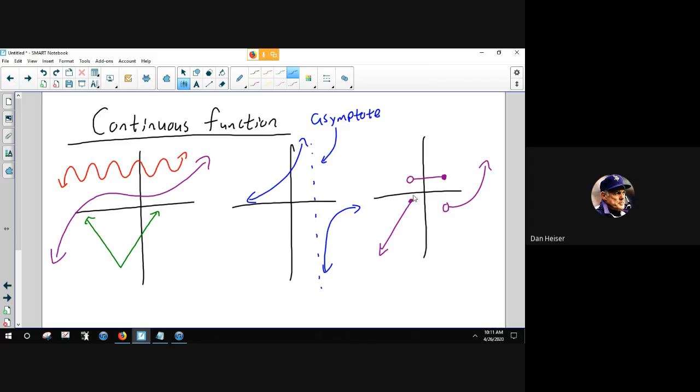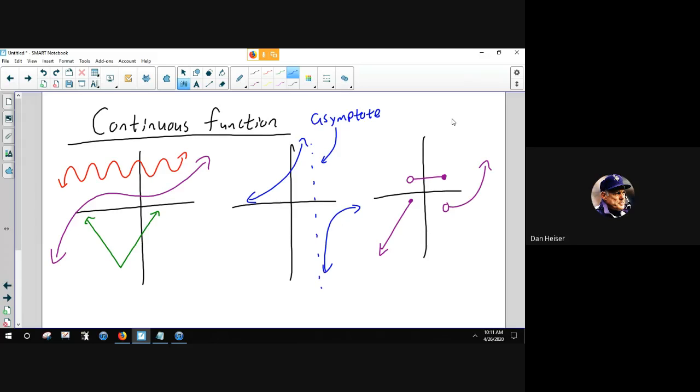So when x equals whatever value this is, I don't go there, I go here. When x equals this value, I don't go here, I go here. So let's say this is x equals 2. f of 2 is whatever y value this is. It is not this y value because it's open. Open circle means don't include.